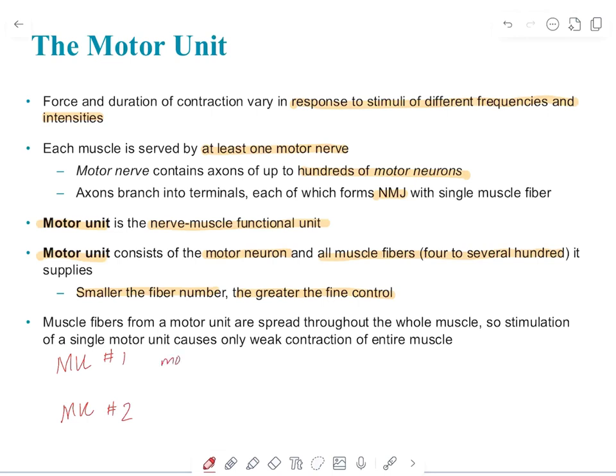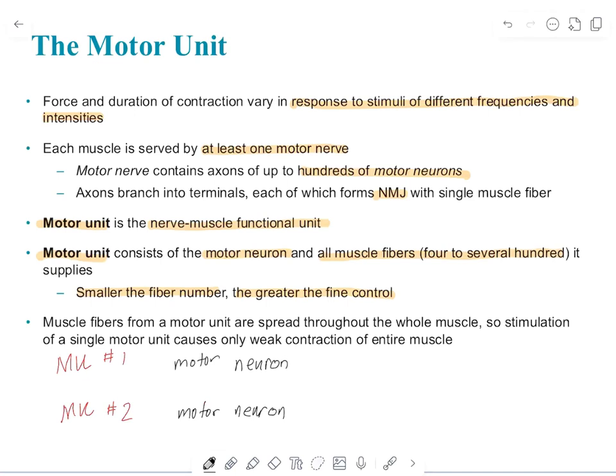A motor unit is always going to begin with the motor neuron. So there's always one motor neuron, and I'd like you to think of that motor neuron kind of like a cable that's coming into a house, and that cable then is going to send a signal either to just one TV or to many TVs.